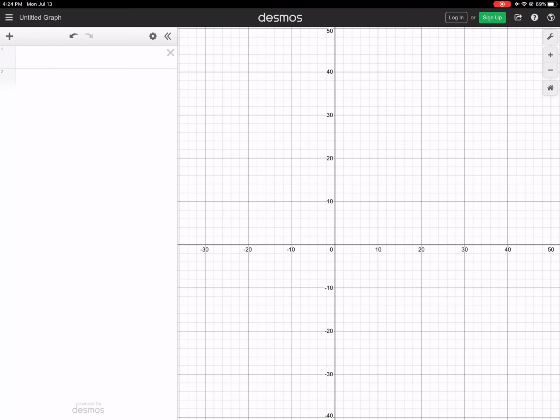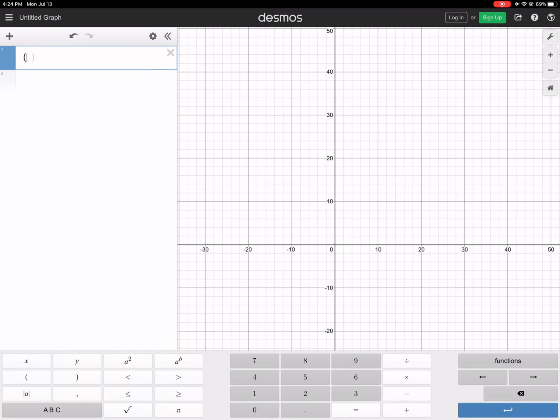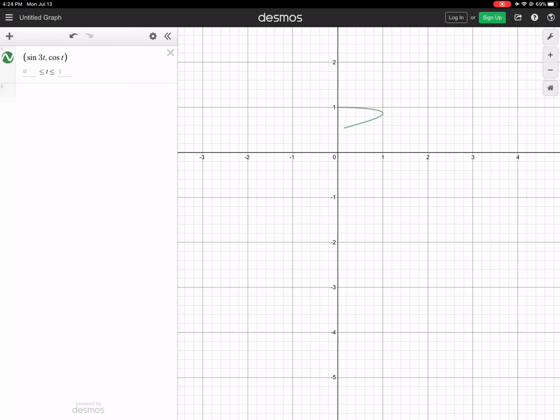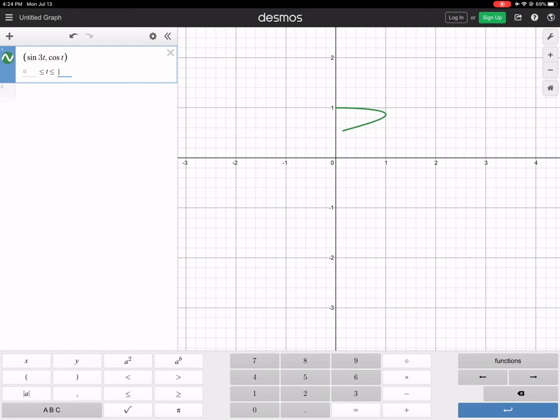Now, finally, let's do something very interesting. I'm going to type in the sine of 3t, comma, then I'm going to do the cosine of t. And again, t is only going from 0 to 1, and you're thinking, well, this is kind of weird. Let's slowly increase.